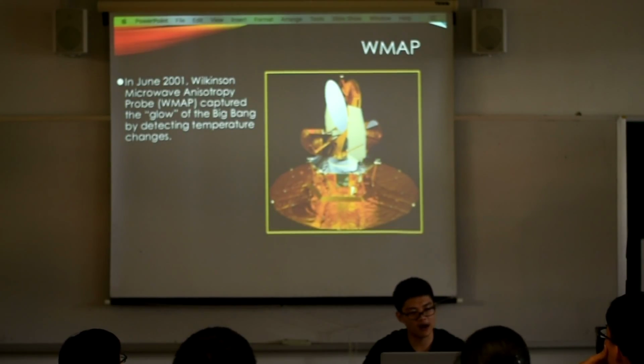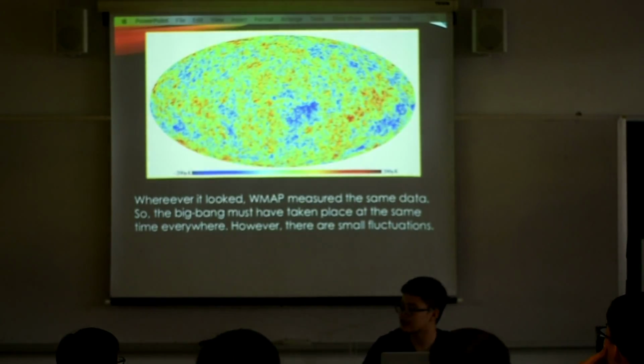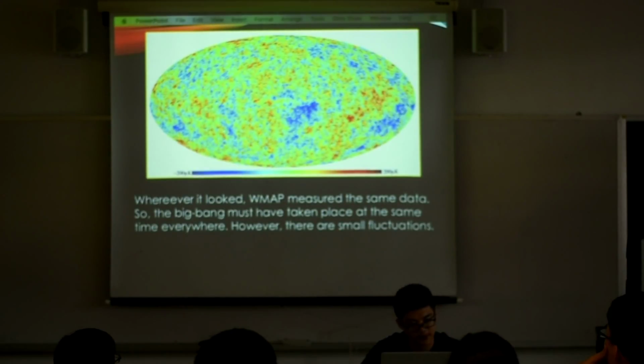In June 2001, a probe called the Wilkinson Microwave Anisotropy Probe captured the glow of the Big Bang by detecting the temperature changes. This is a diagram produced by this probe.